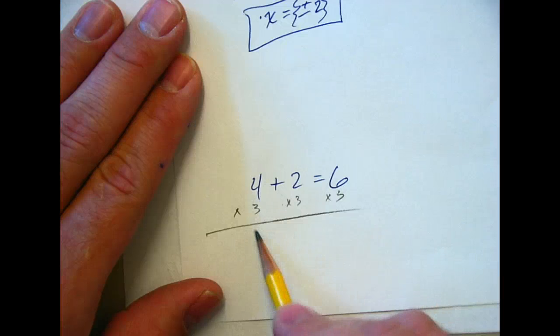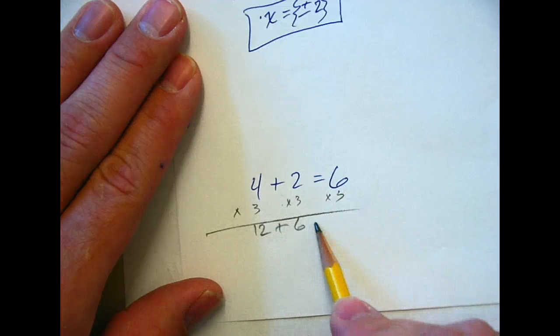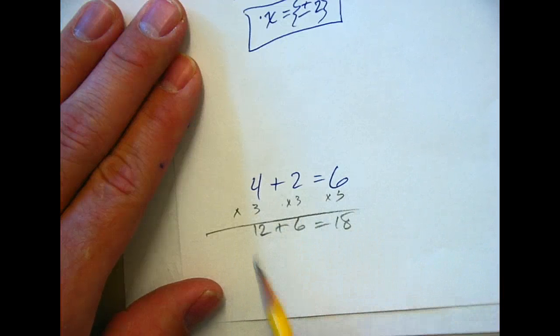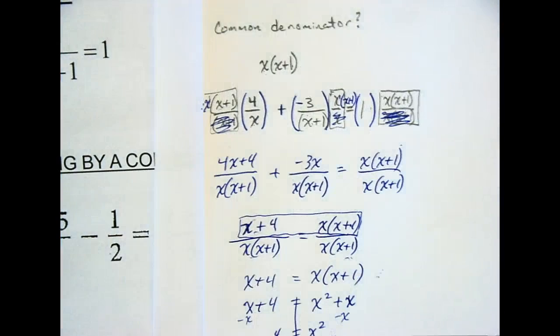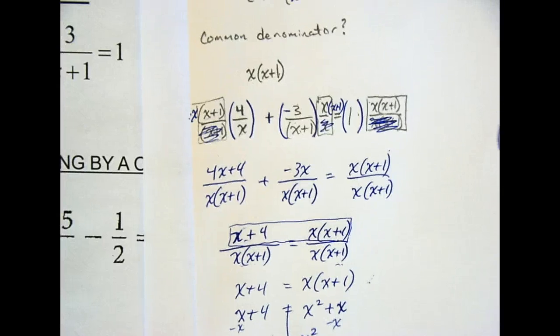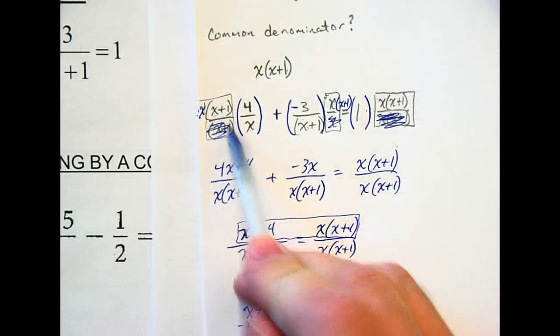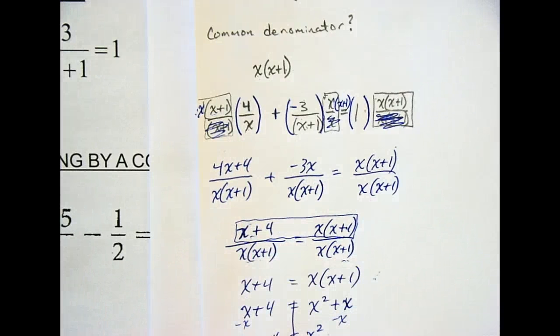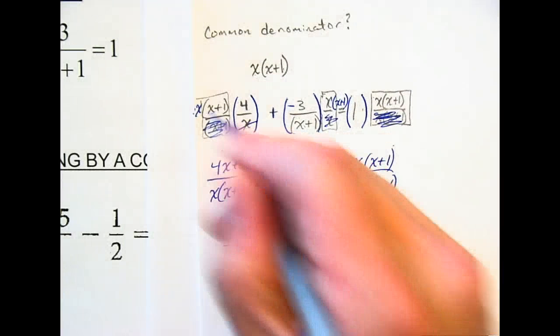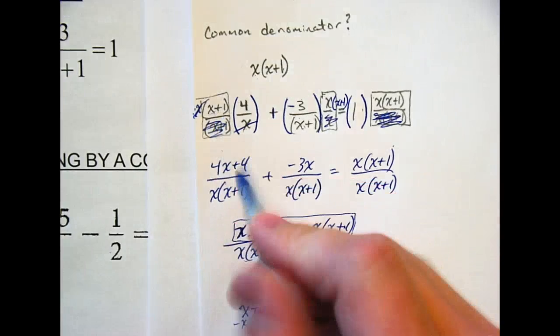So that now gives me 12 plus 6 equals 18, and that works. That's all you're doing here. However, when I do that, notice when I multiply this by that, what cancels? The x cancels. And so I get just that.